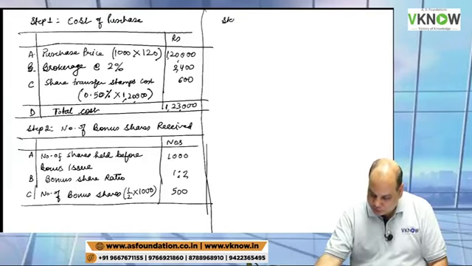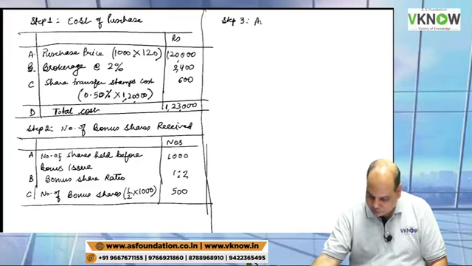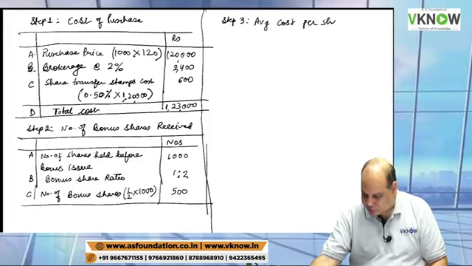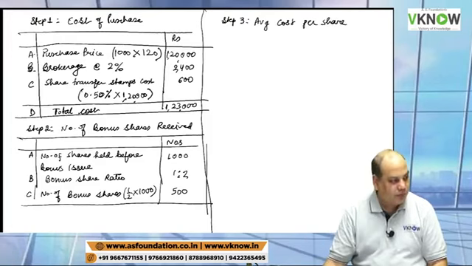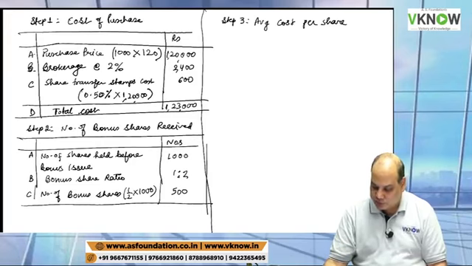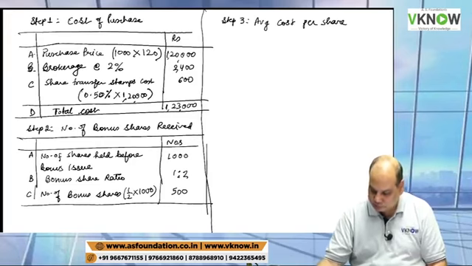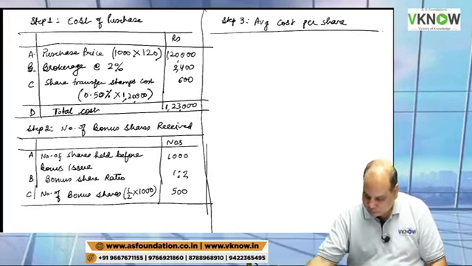Then step number 3, average cost per share.